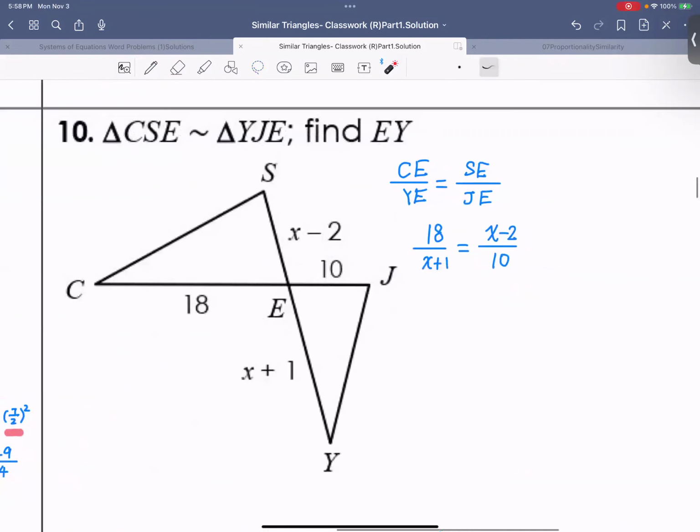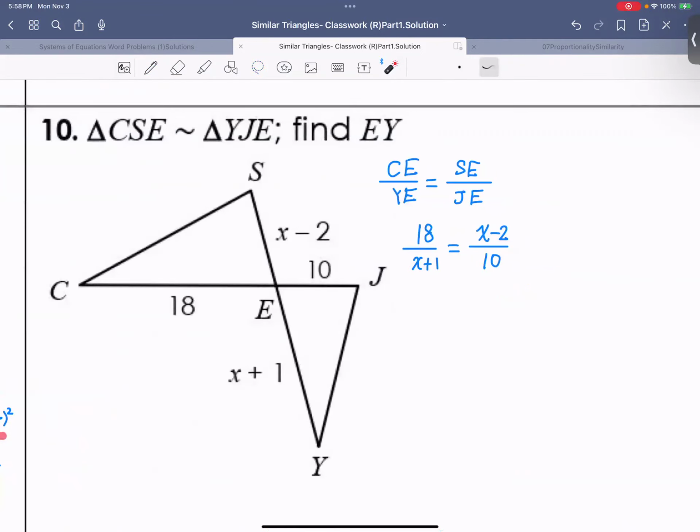Now, what you can do next? X to the power of 2 minus X. No, you put this in one step, right? Minus 2x plus x. That's very good. You do minus x in one step. That's nice. Minus X minus 2. Good.